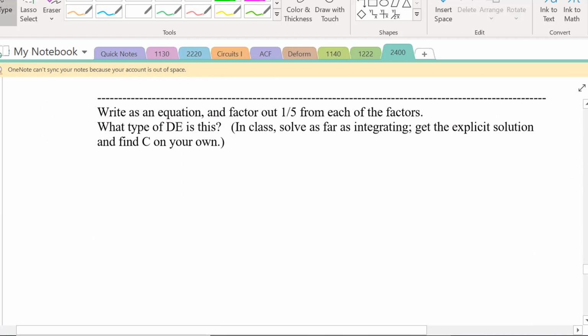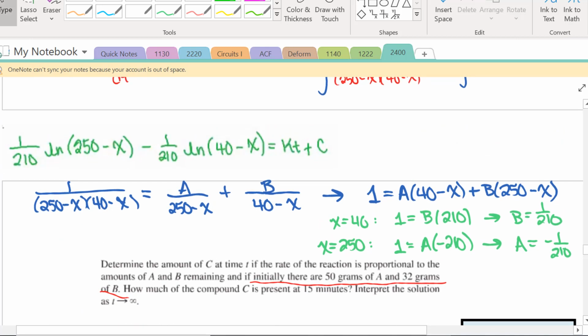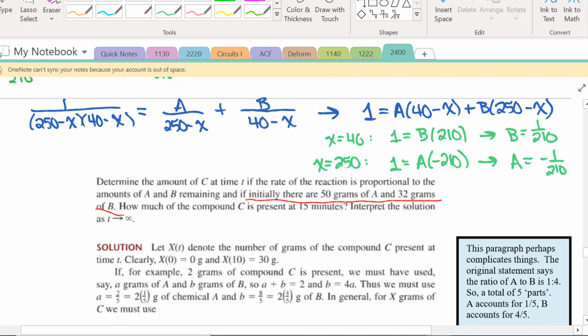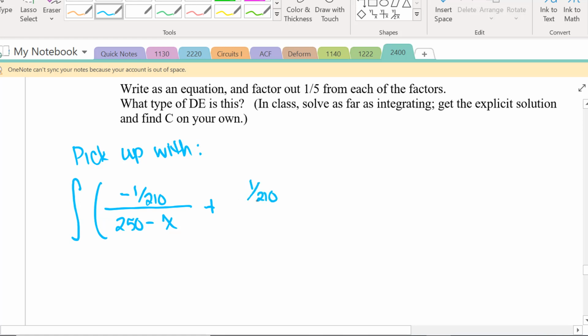Okay, I've already done the factoring out, so I'll just continue right here. So now I'm going to rewrite the left-hand side as, so the A was negative 1 over 210, and the denominator was 250 minus X. Plus B, it was positive 1 over 210, and that was 40 minus X dx.